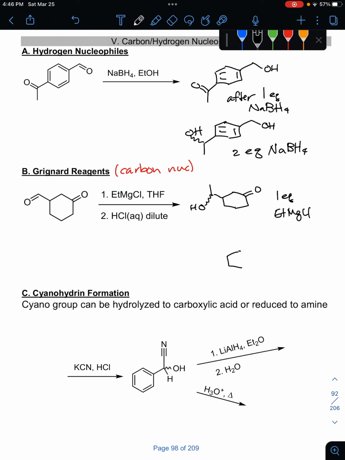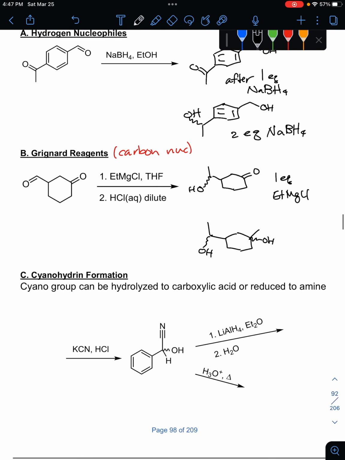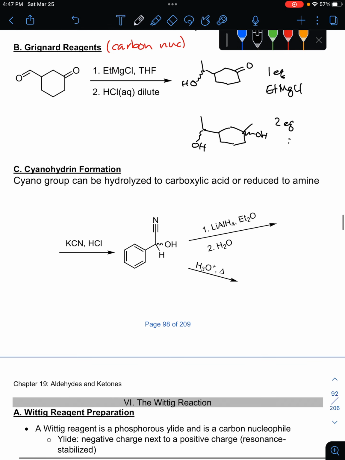But with two equivalents, of course, both of these functional groups can react with the Grignard reagent, so that we could expect to see the tertiary and secondary alcohol products as a result, right?